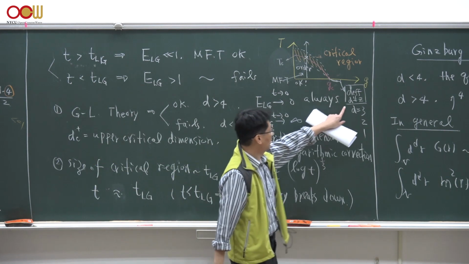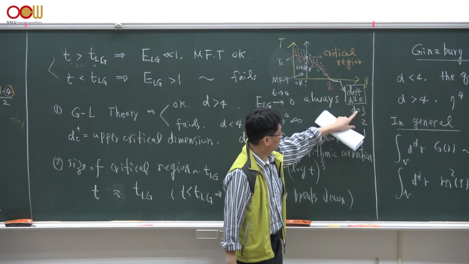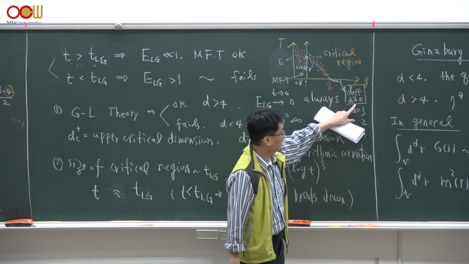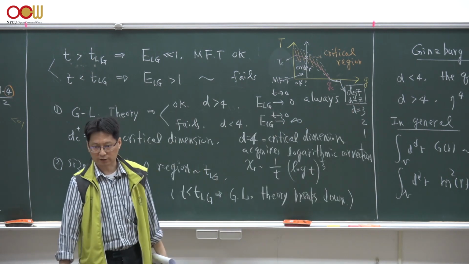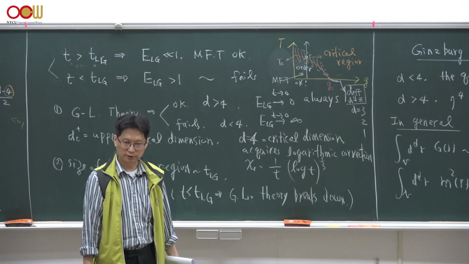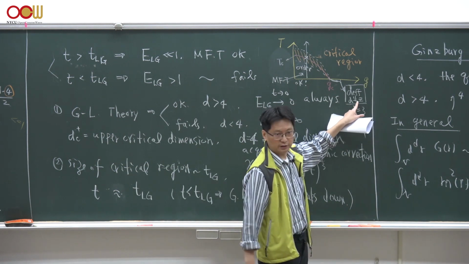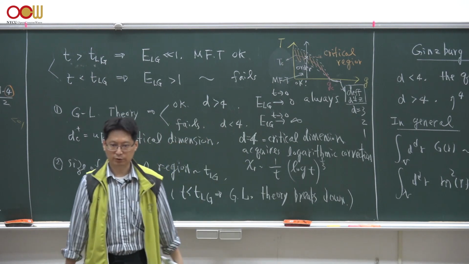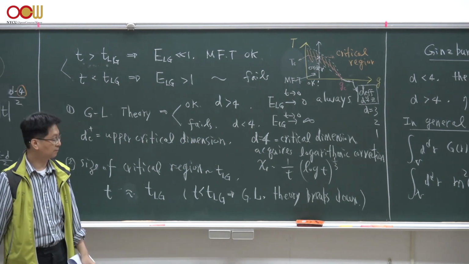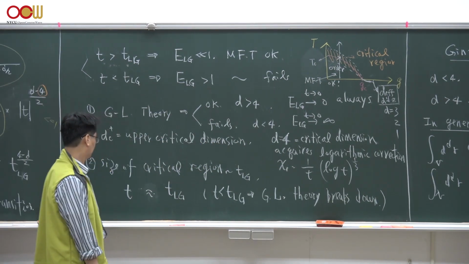But the spatial dimension is also within the 3-dimensional space. So d and z could be anything, say, 1, 2, 3, or a fractional value, and therefore d plus z can go beyond the upper critical dimension 4. Okay? Again, we will come back to that later.